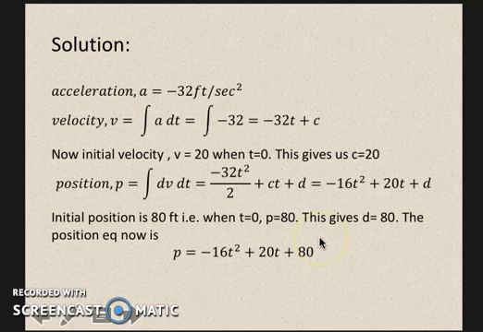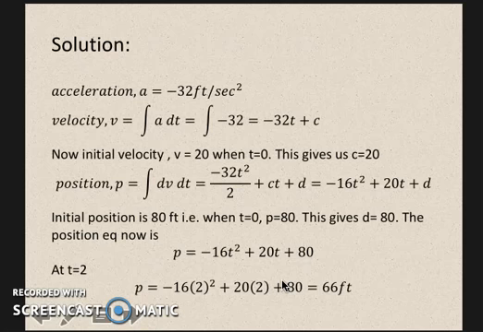Now the second part of the question is you have to find the position when t is 2. Plug that value of 2 here, and you get 66 feet. I'm not showing the exact calculation, but when you use the calculator, you can do it.